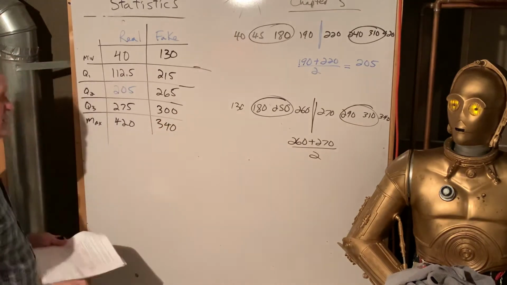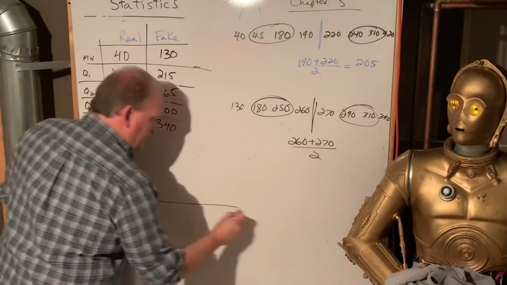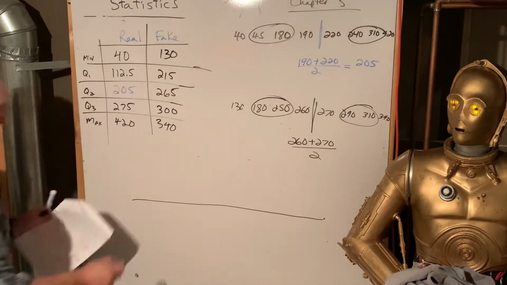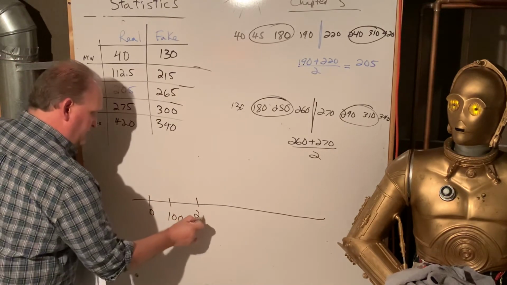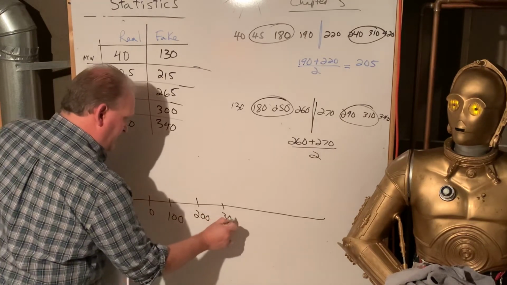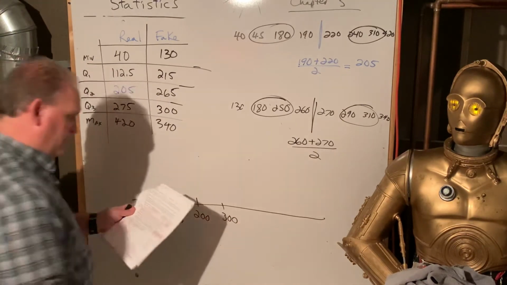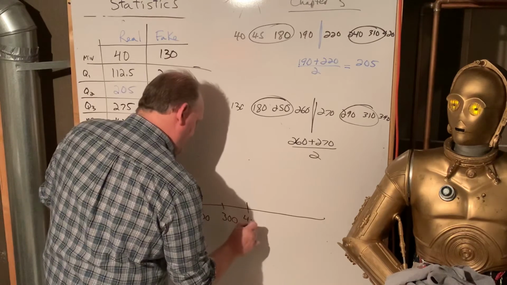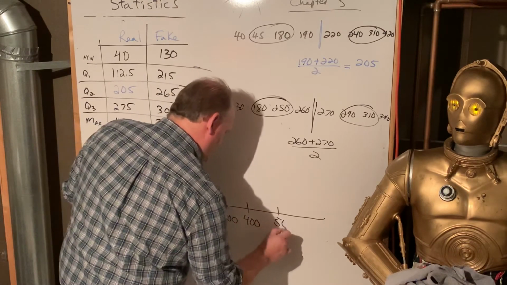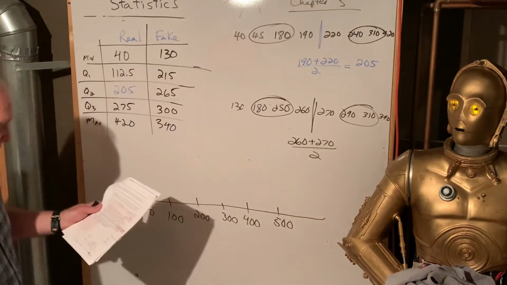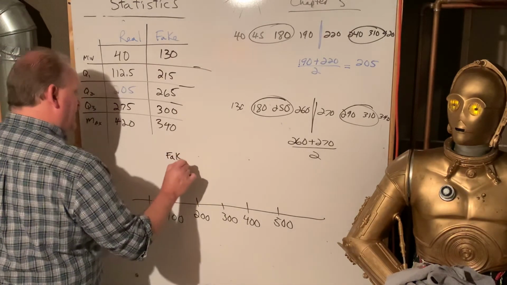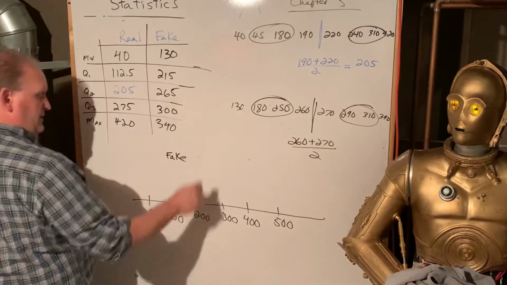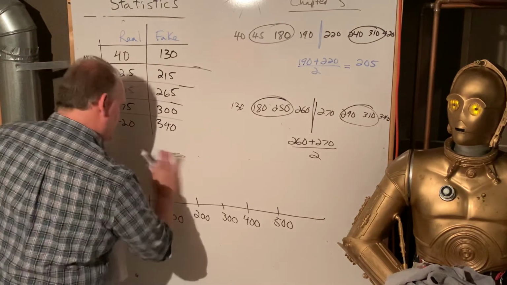All right, so if we look at both of these, let's do a uniform set. So we'll go 0, 100, 200, 300, 400, and 500. And then let's graph. So the fake, we got 130.